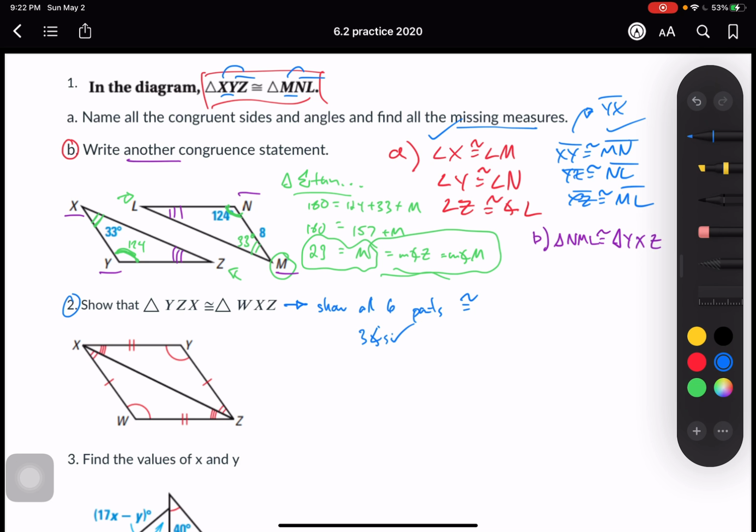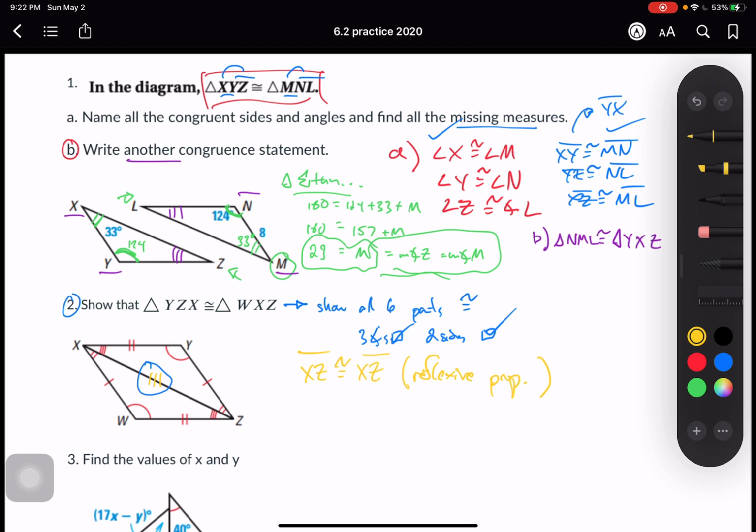Now all we have to do is think about the 3 sides, and I don't have 3 sides. I only have 2 sides, which means one's left, and that would be this one. And it happens to be shared, which means it must be congruent to itself via, and remember, reflexive property.